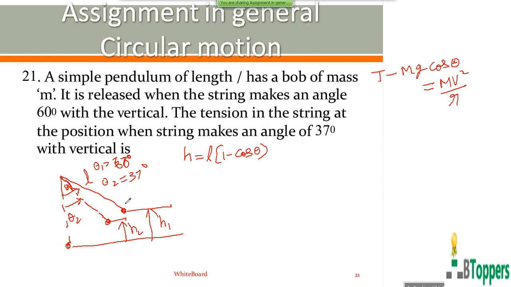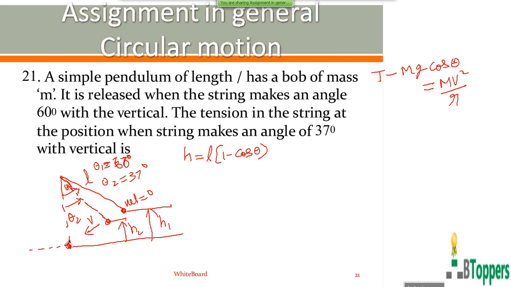So applying conservation of energy, velocity is 0 at the initial position where the string makes an angle theta 1 equal to 60 degrees with the vertical. Let V denote the magnitude of velocity at the instant when the string makes an angle theta 2 equal to 37 degrees with the downward vertical.